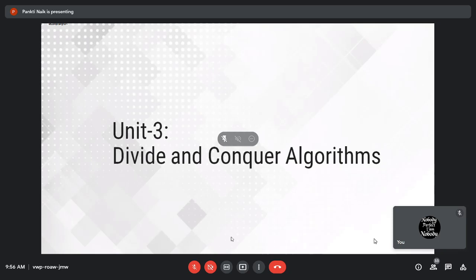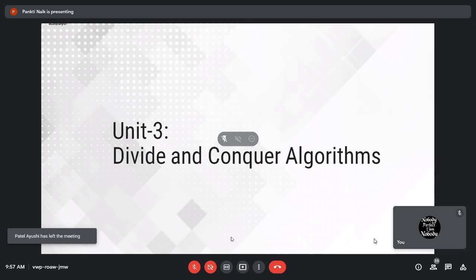Now, first of all, understand what is the divide and conquer algorithm strategy. In this strategy, the big problem is broken down into smaller sub problems, and the solution to these sub problems is obtained.